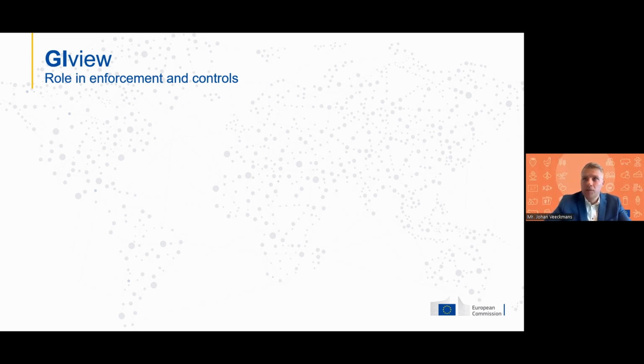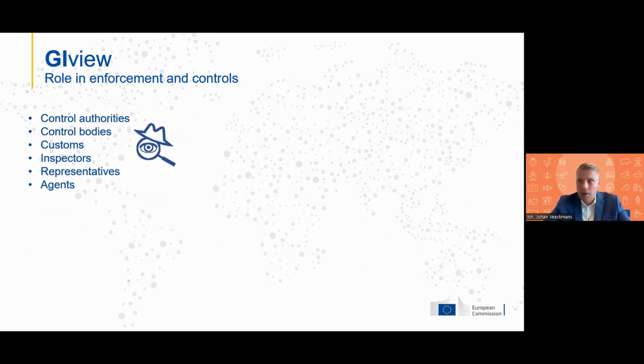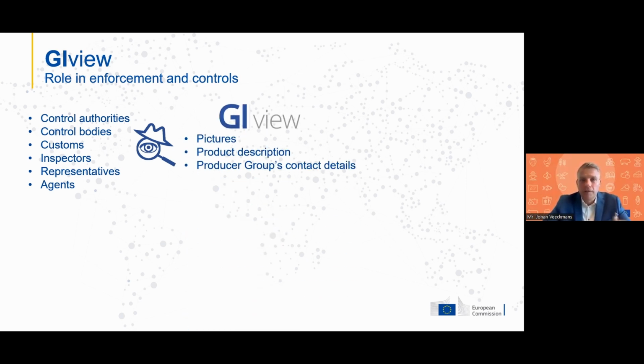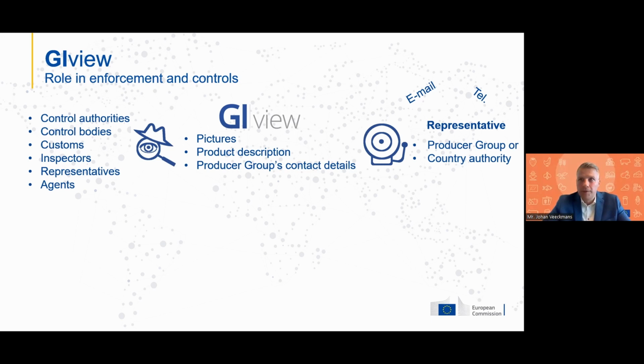Finally, I will present to you how GIview can contribute to the enforcement of GI rights. A completed GI ID card will allow control authorities and control bodies, inspectors, customs authorities, representatives, and agents to consult GIview efficiently, and on that basis, alert the representative of the GI. The representative can be the national authority or the producer group.